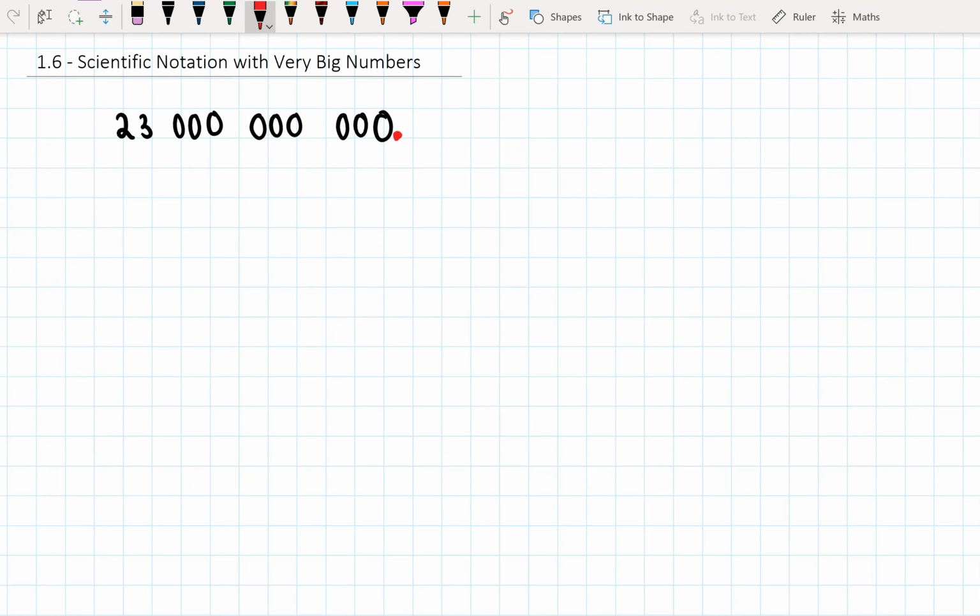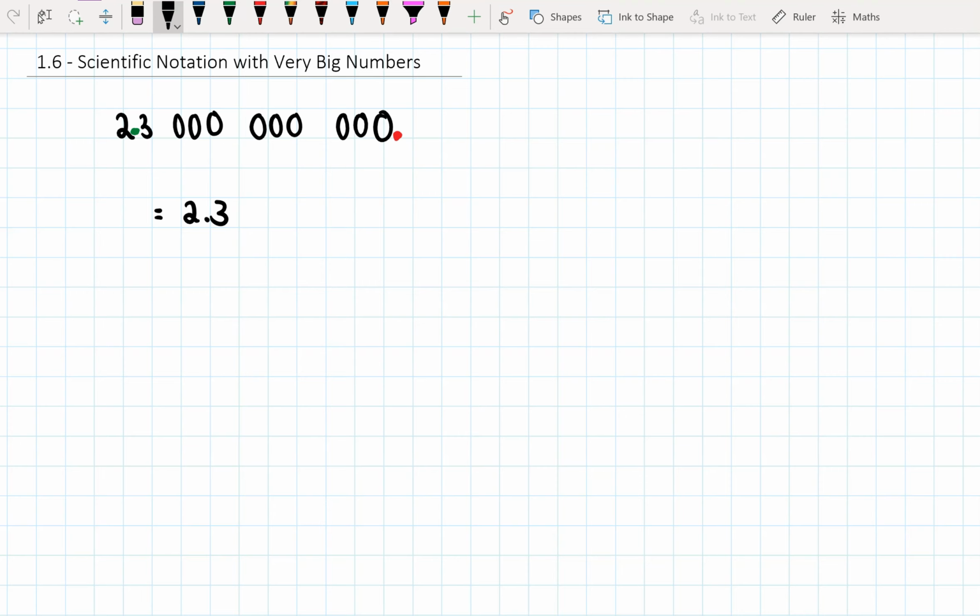is sitting. What we're going to do is move this decimal point, and we always move it so that it is after the first non-zero number. The first non-zero number here is 2, and we're going to put our decimal point next to that 2. So it's now after the 2. So we have 2.3 here, so we know that we're going to start with 2.3, which you get from the start of this number here.